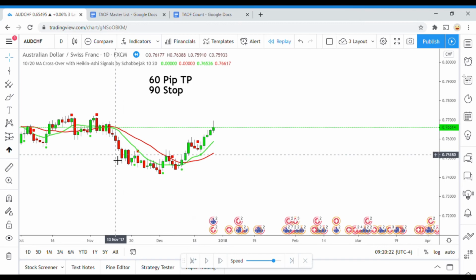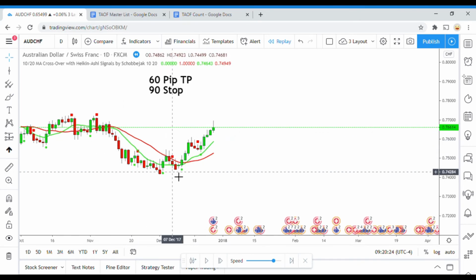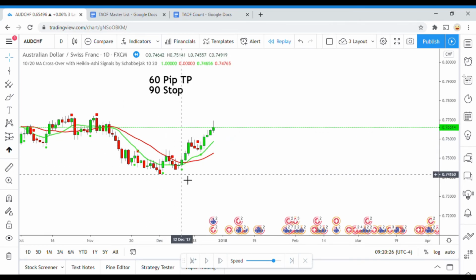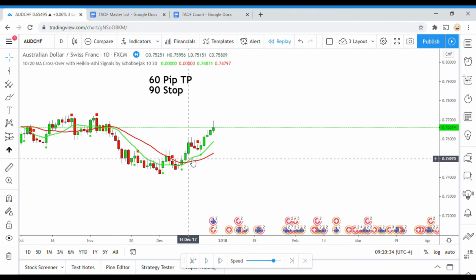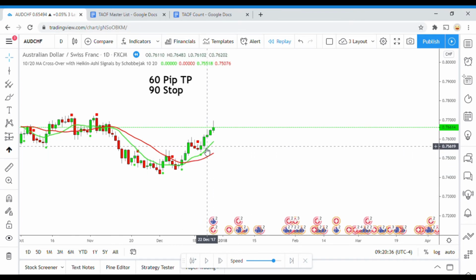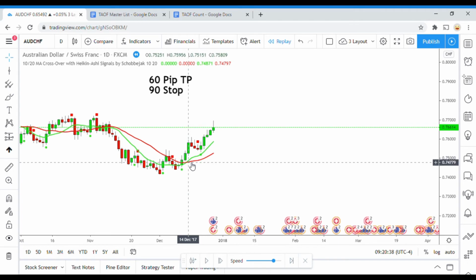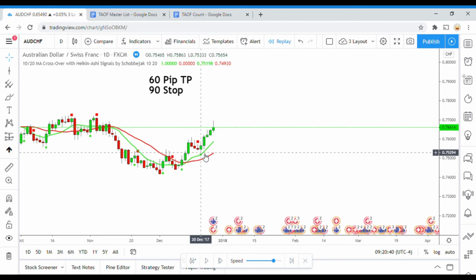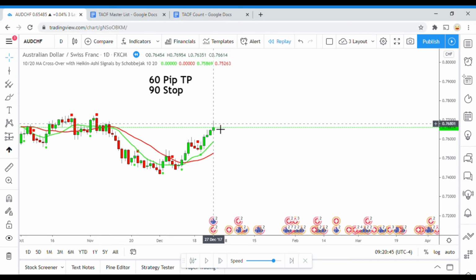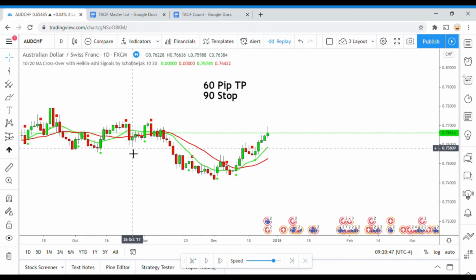And this is a two-part trading system, and so when the green dot appears, that would be a signal to go long, but only if the green line here is above the red line. So for example, right here would be a signal to go long.